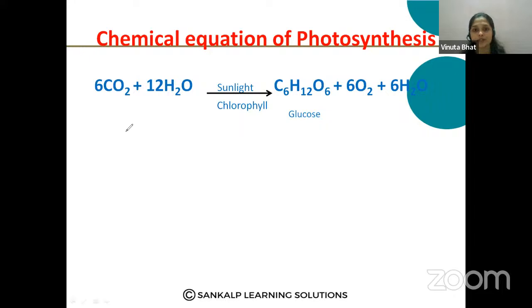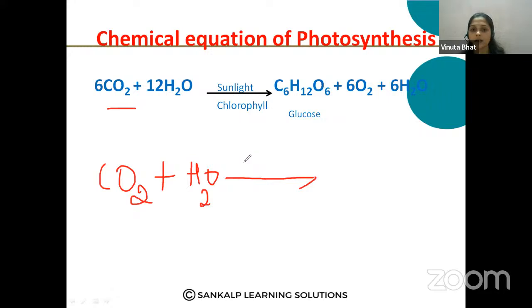For the process of photosynthesis, you require carbon dioxide, water, chlorophyll pigment present in the leaves of the plants, and sunlight.